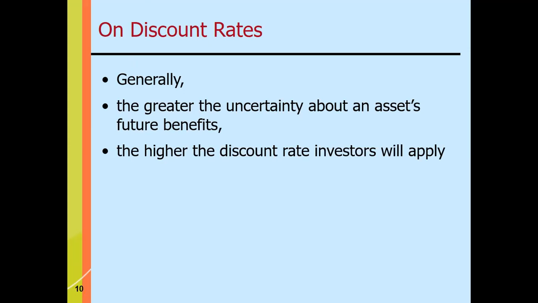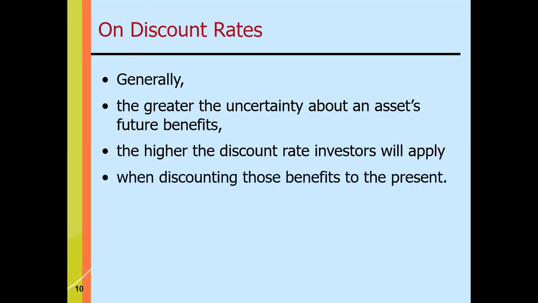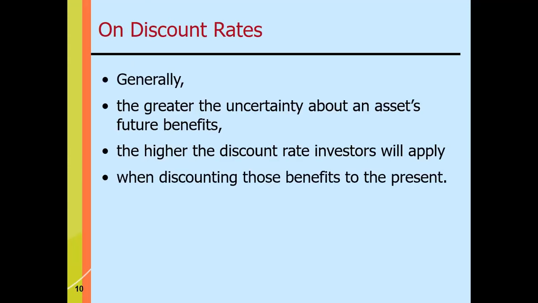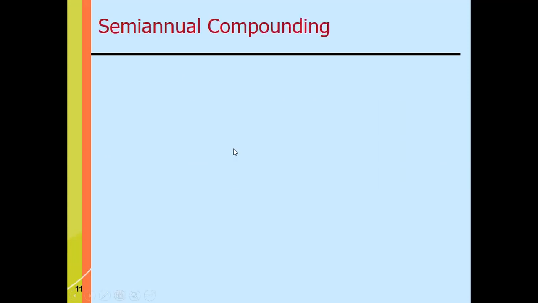The discount rates actually are the evidence or the indicators that there are greater risks involved. Then when discounting those benefits to the present, this would mean that the present value or fair value would be lower. So I hope that makes it clear, or that summarizes it so far.